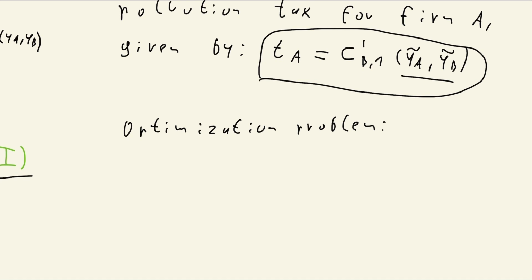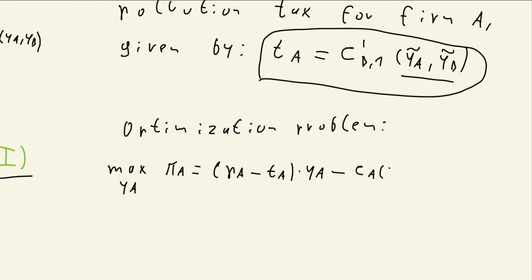Firm A is maximizing over YA its profit, which looks slightly different than the profit it had in sub exercise 2, because now for each unit of steel that it's selling, it's getting PA, but from this we subtract the tax TA. And this we multiply with YA, minus the costs that the firm has, so it's CA of YA.